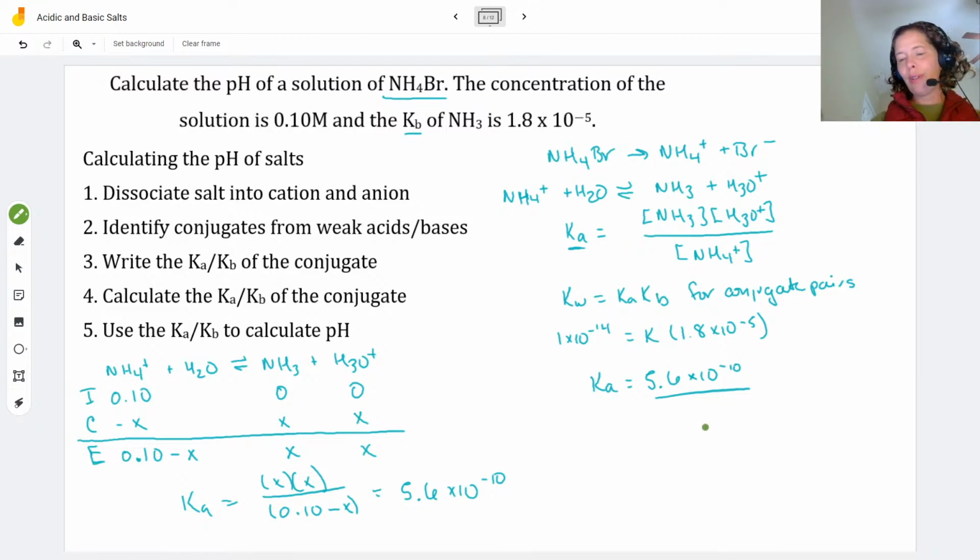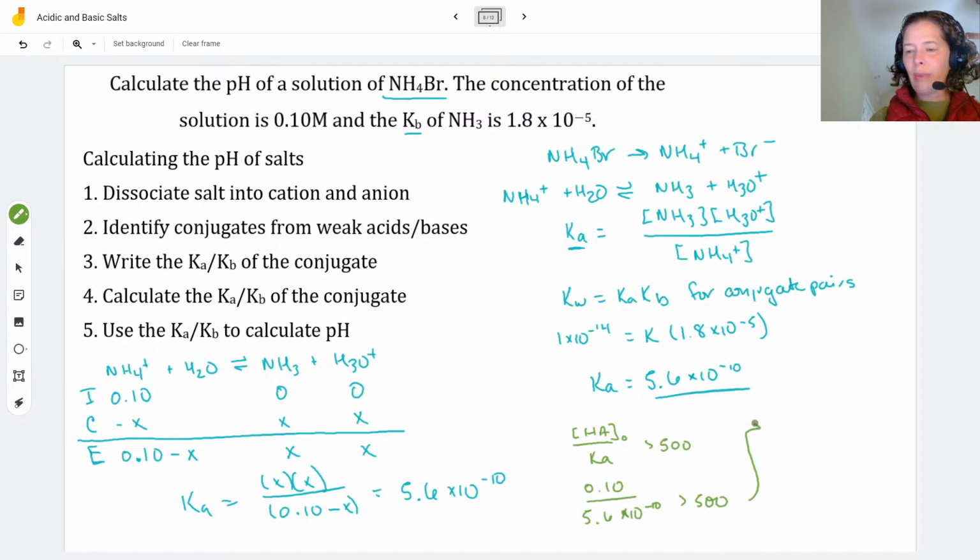So I'm going to do what I call the 500 test. This is my initial concentration of acid over Ka, and this should be greater than 500. So if I put these values in, with Ka of 5.6 times 10 to the negative 10th, it should be greater than 500.